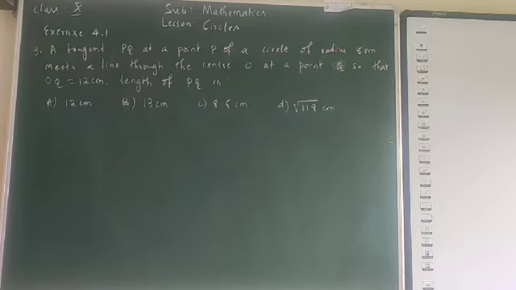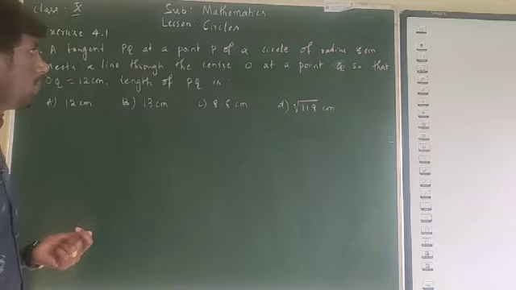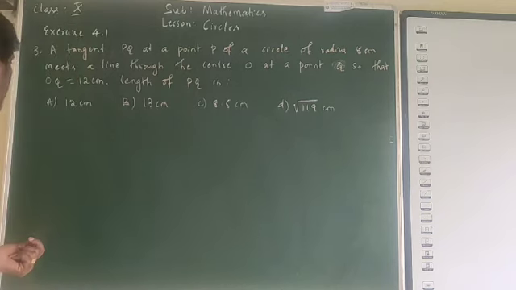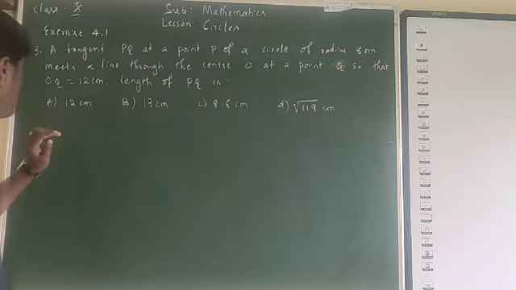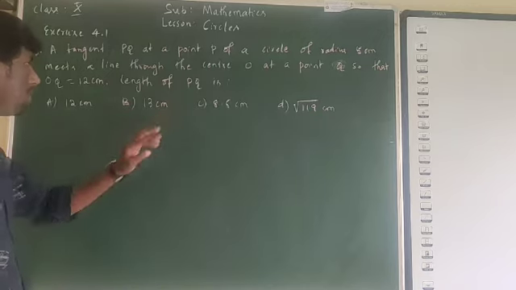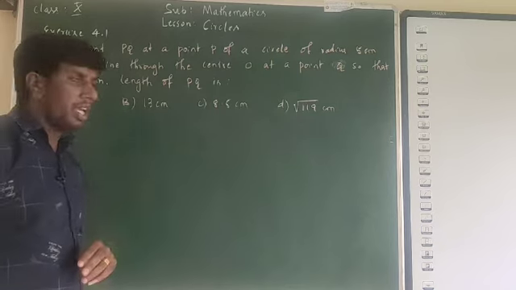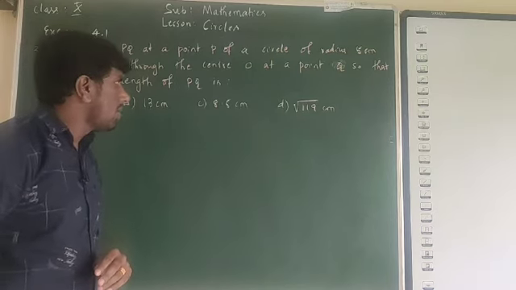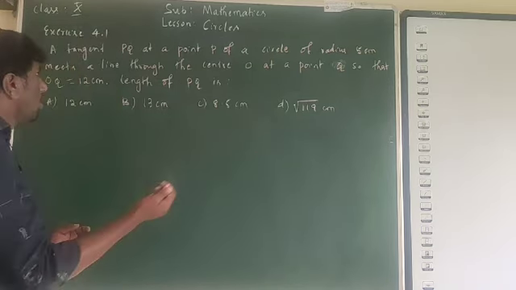A tangent PQ at a point P of a circle of radius 5 cm meets a line through the center O at a point Q, so that OQ is equal to 12 cm. Length of PQ is: option A 12 cm, option B 13 cm, option C 8.5 cm, option D square root of 119 cm.